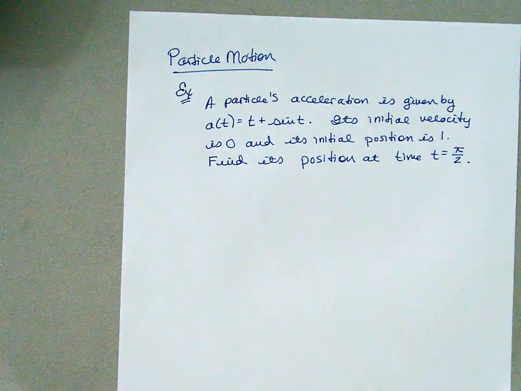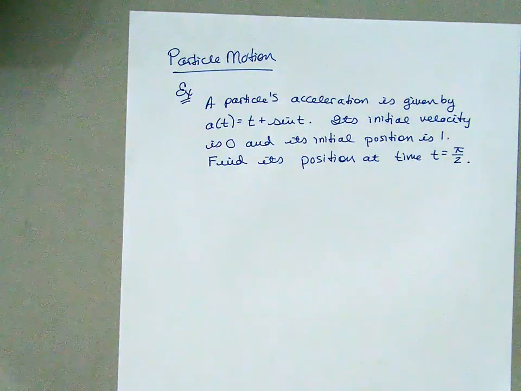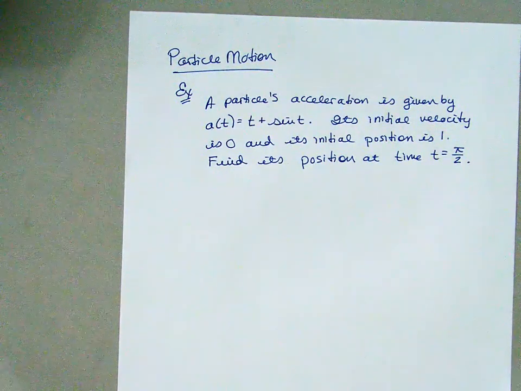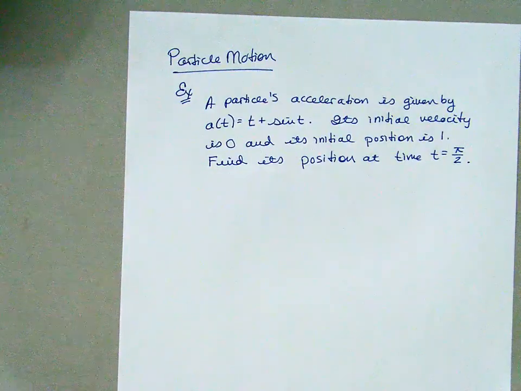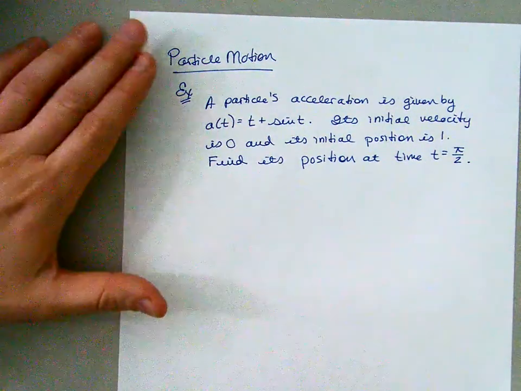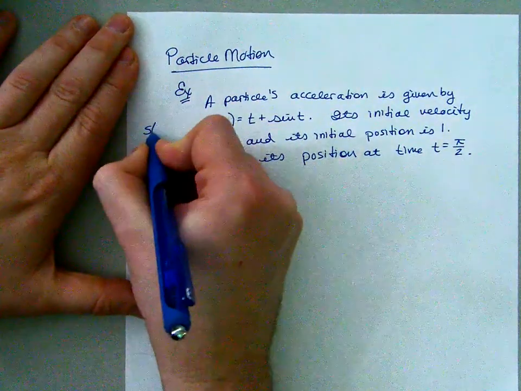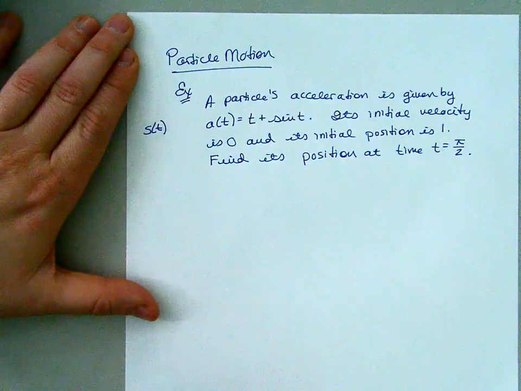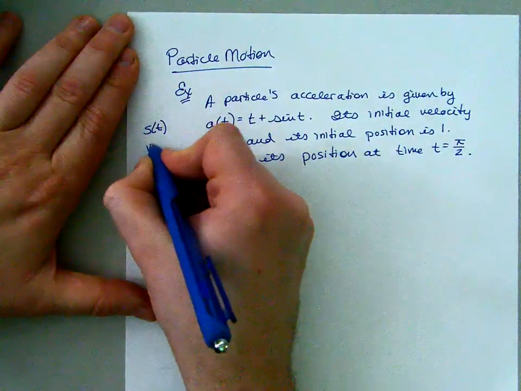On your quiz that you just got back, what did I give you in the beginning? What function did I give you? Position. I'm not telling you the position here. Instead, I'm telling you the acceleration. Well, here's the deal. On that quiz, I gave you position. We found the derivative, which gave us what? Velocity.